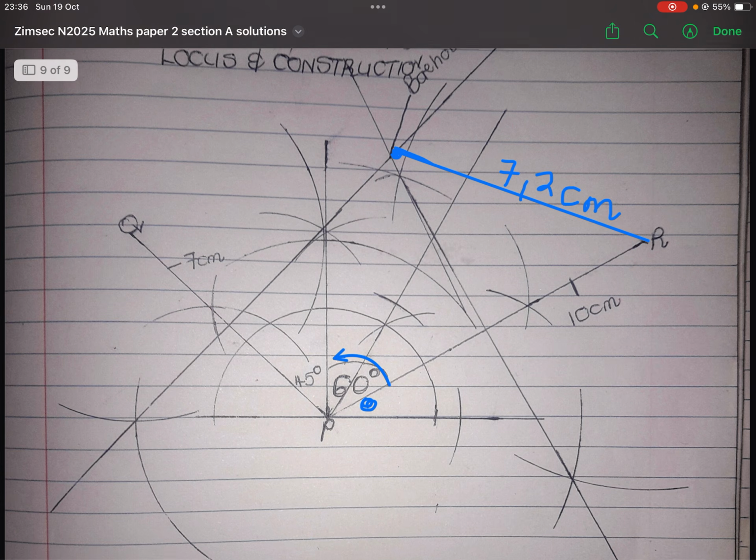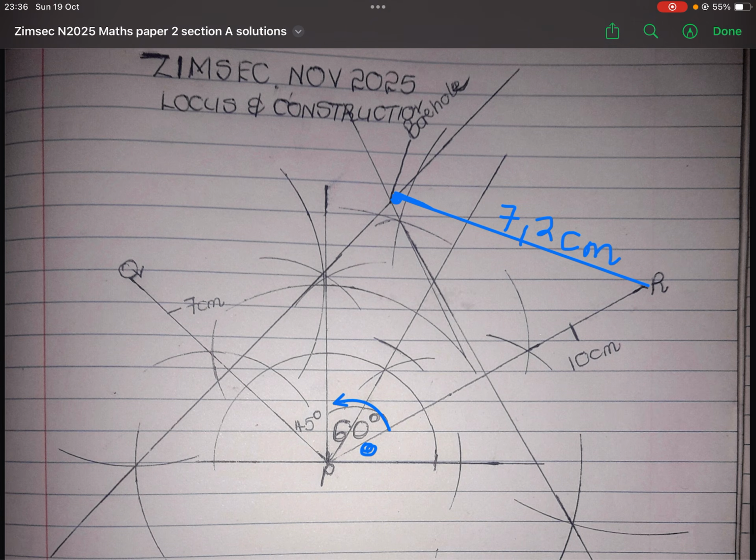So that was all about section A of November 2025. So this marks the end of our tutorial today on Maths Paper 2 that was written by November 2025 candidates. So we covered section A. In some sessions to come, we are going to continue till we are done with the paper.